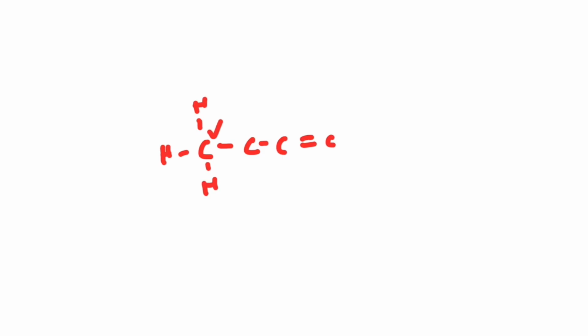So this carbon is fine, it's happy because it has 4 bonds. This carbon is also satisfied now. And let's take a look at this third one. It already has 1, 2, 3 bonds, so it only needs 1 hydrogen. Okay. And then this carbon, 1 hydrogen and another hydrogen. It has 1, 2, 3, 4 bonds. Okay. Everything is okay.